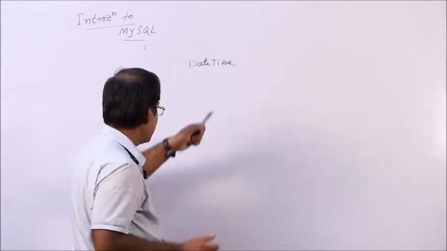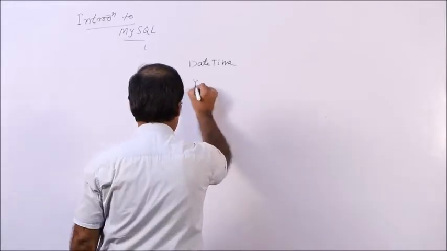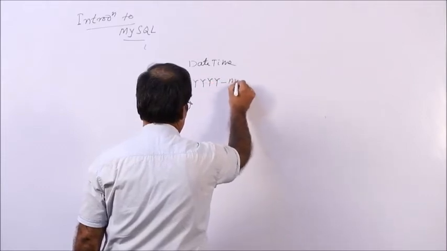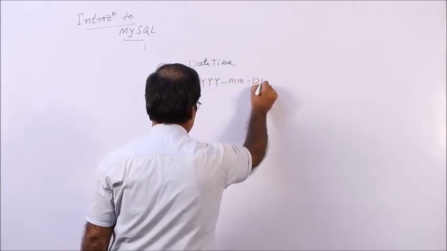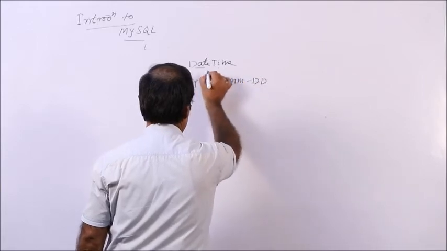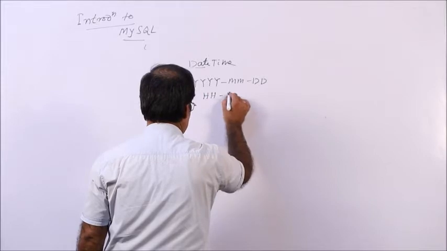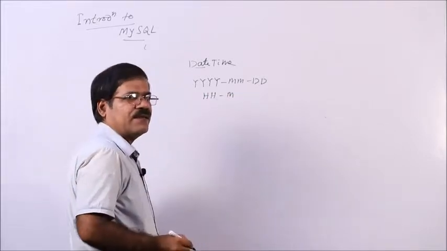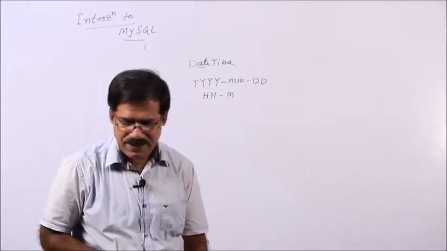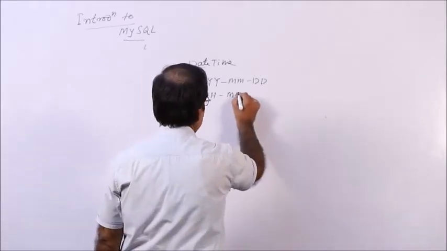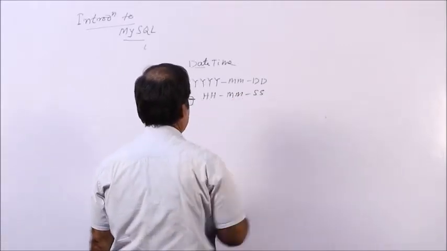As for the date, the format is year, then month, then date. Then the time is hour, minute, then second, HH for hour, MM for minute and SS for second.